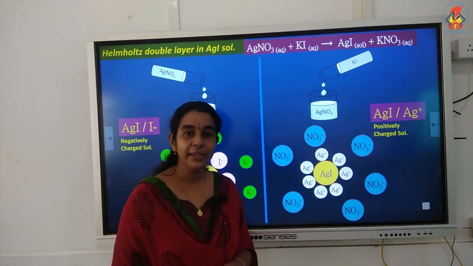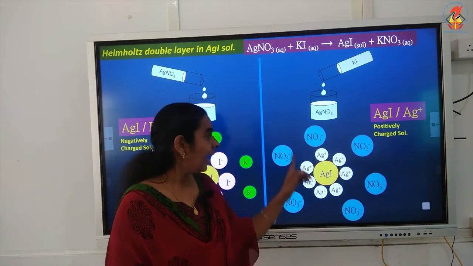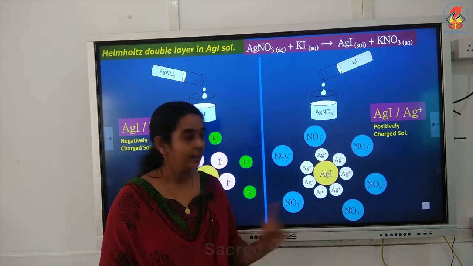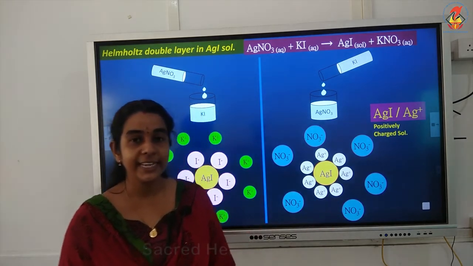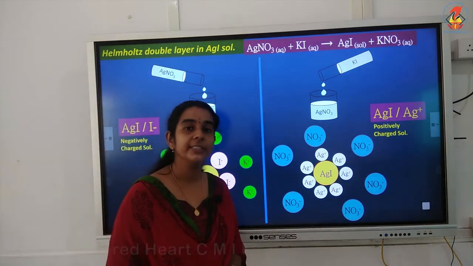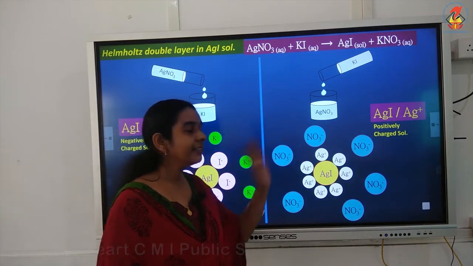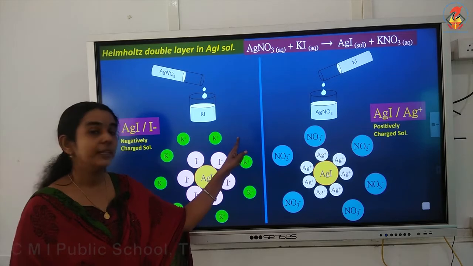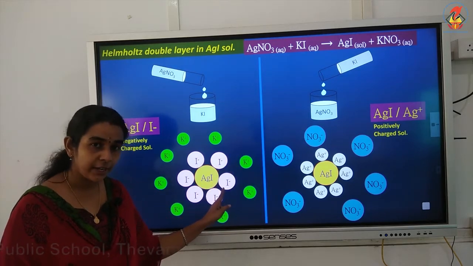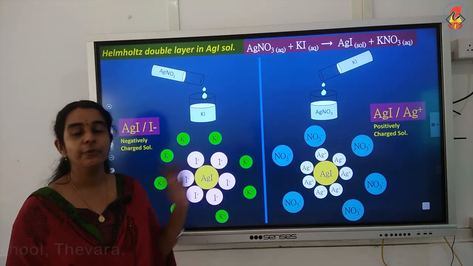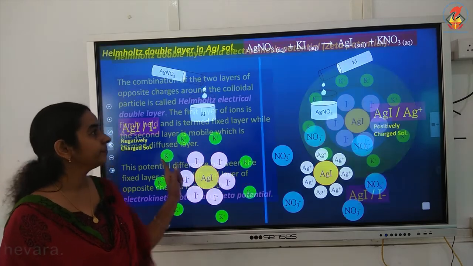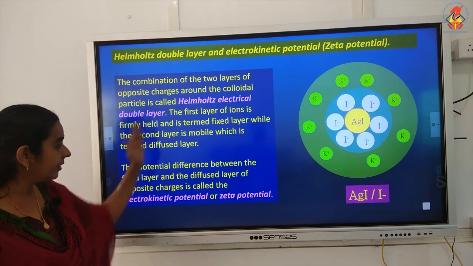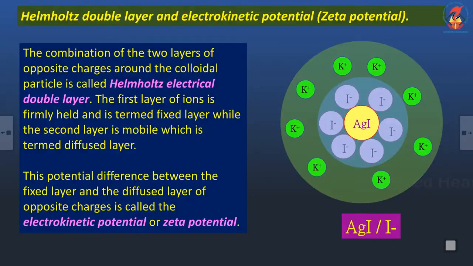But the second layer will be a diffused layer, and the potential difference between these two layers, the fixed layer and the diffused layer, will be called the electrokinetic potential or zeta potential. And this is the reason for the charge exhibited by colloidal particles: the preferential adsorption of common ion from the dispersion medium and formation of the electrical double layer. So this is about the Helmholtz electrical double layer and zeta potential.